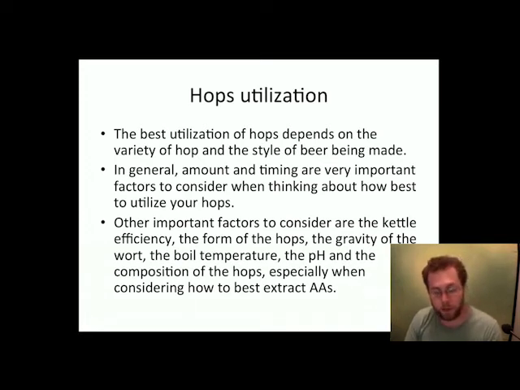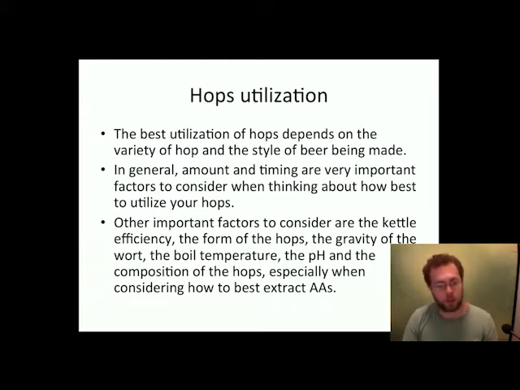Some other very important factors to consider are how efficient your kettle is, the form of the hops that you're using, whether it's the whole cones or the pellets or extract, and what the gravity of the wort is can affect how much utilization of alpha acids you're getting.